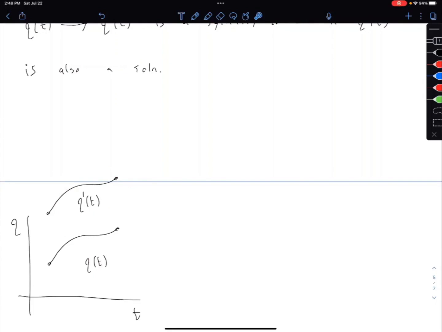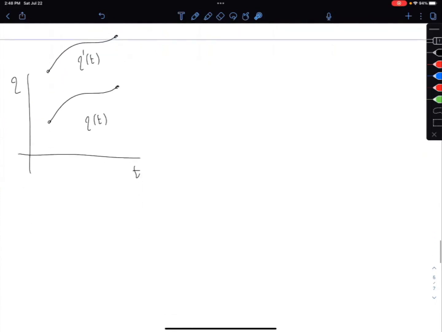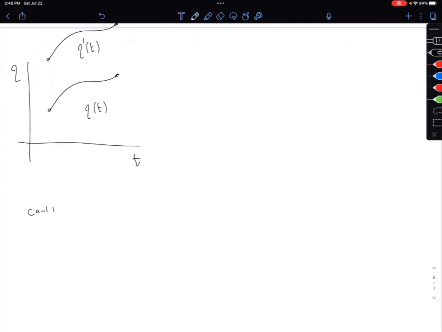Okay, now we could potentially have some much weirder transformation that is not as easily described as translation. And in particular, this trajectory does not even have to have the same time endpoints.